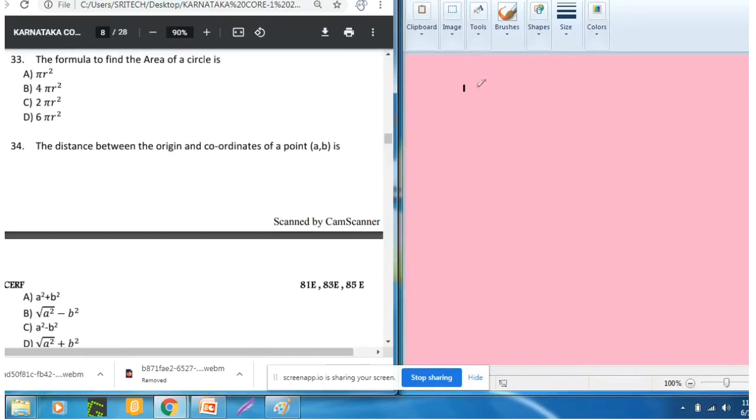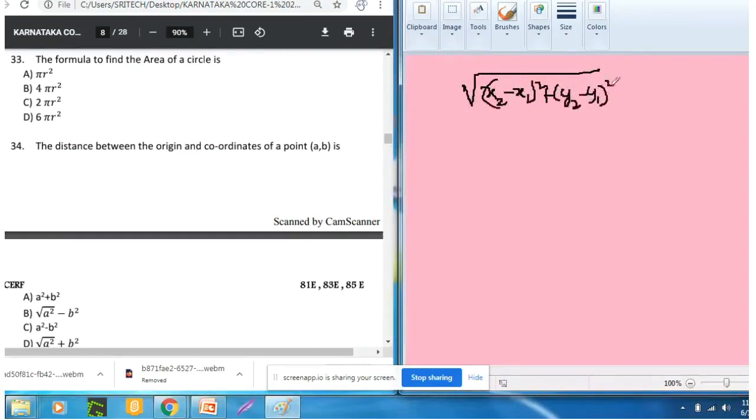We know the distance between two points is given by root over x2 minus x1 whole square plus y2 minus y1 whole square. Origin point will be represented with 0 comma 0, which is the intersection of x axis and y axis, and the other point is as given in the question as AB.